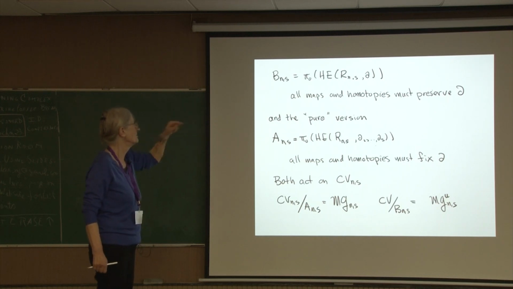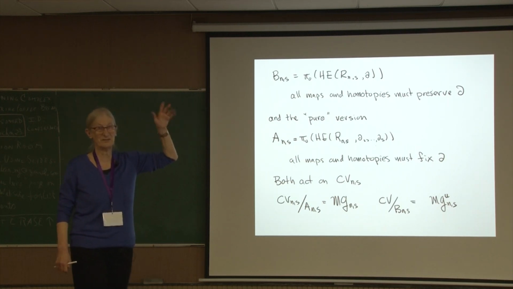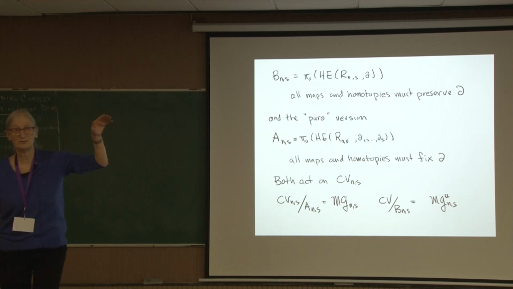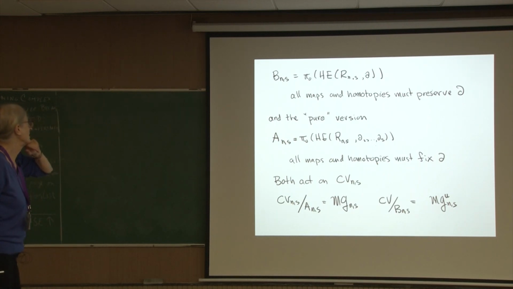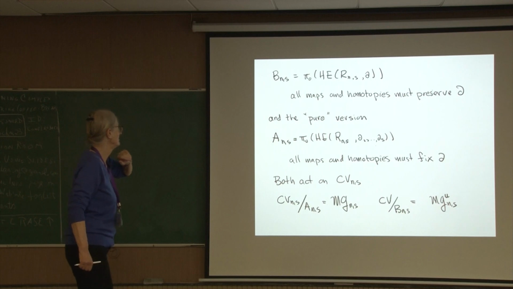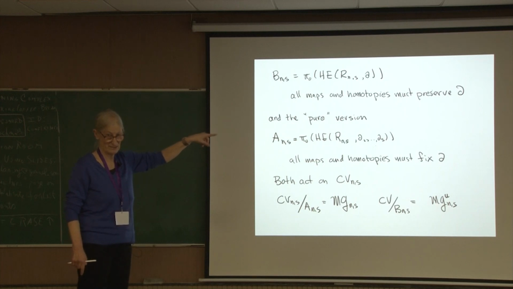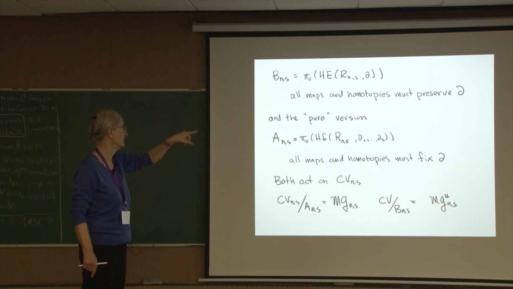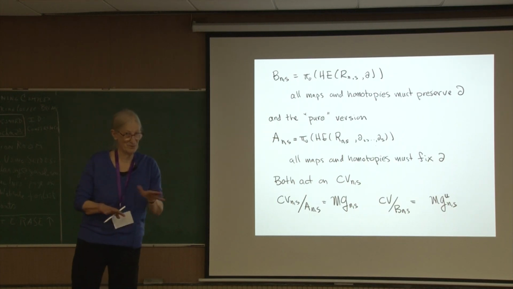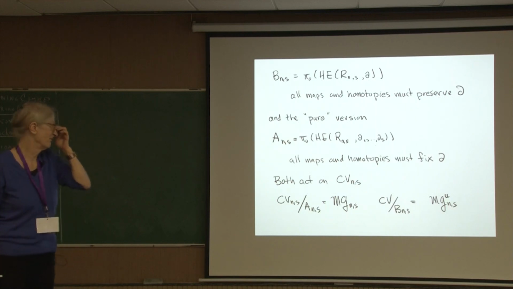So all maps and homotopies have to preserve the boundary, but you're allowed to permute the leaves. We'll call that BNS. And then there's a pure version where you insist that all homotopies actually fix the leaves. They send the ith leaf to the boundary i. They can't permute the leaves. They have to actually fix them.